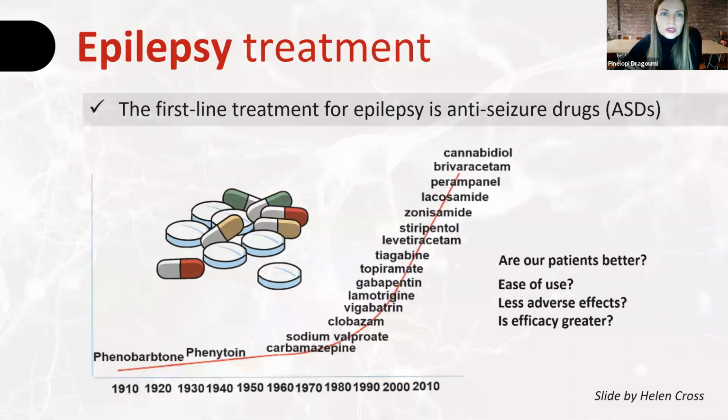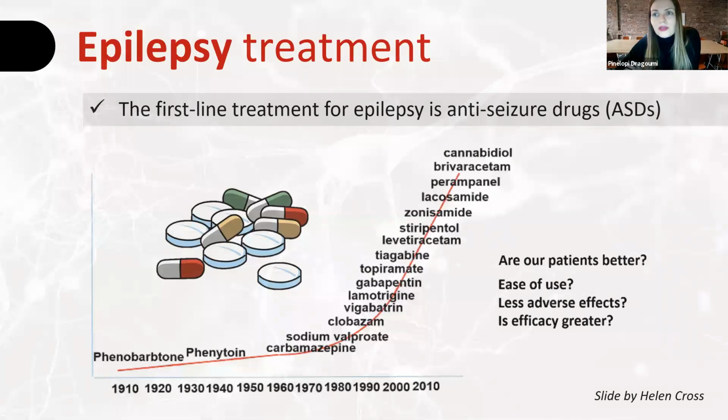Seizures are very important, and we need to try and lower the possibility of a second seizure or a third seizure in a child with a benign childhood epilepsy. Lower the amount of seizures a child has when he has a very, very difficult to treat epilepsy. And this we try to do with anti-seizure medications.